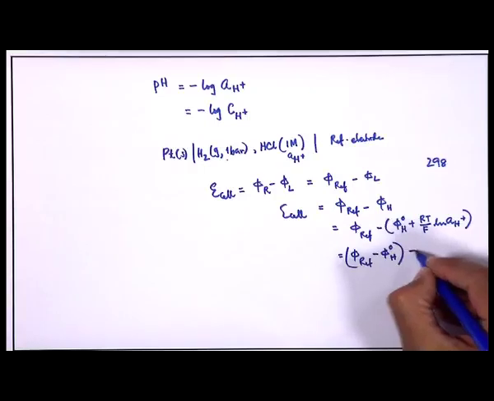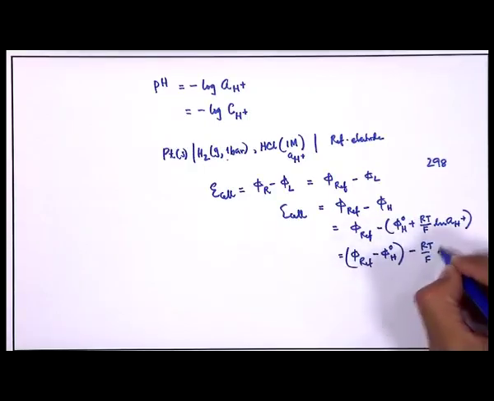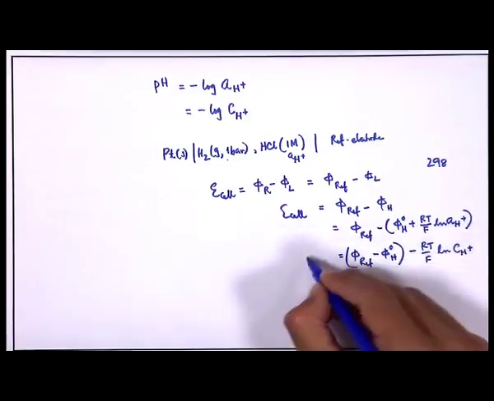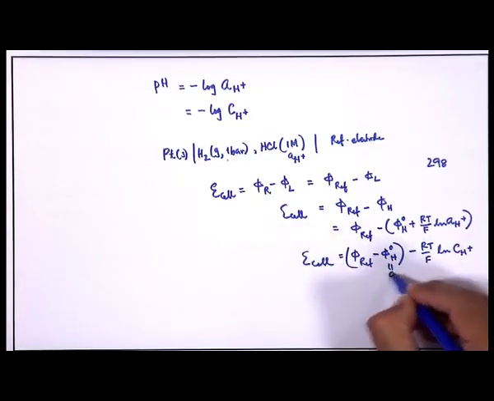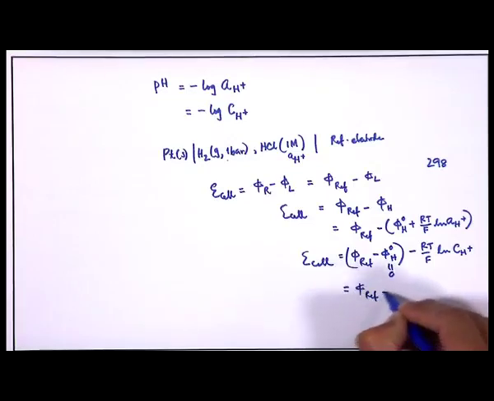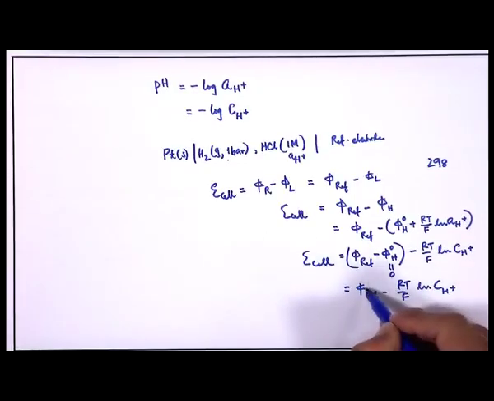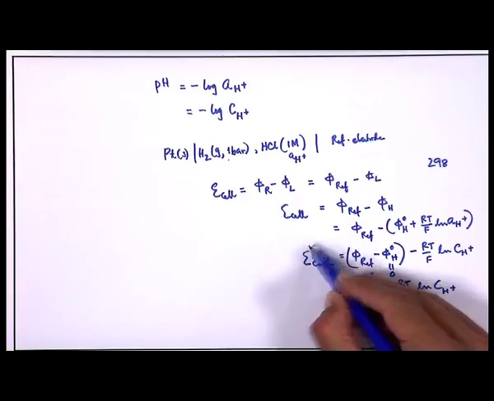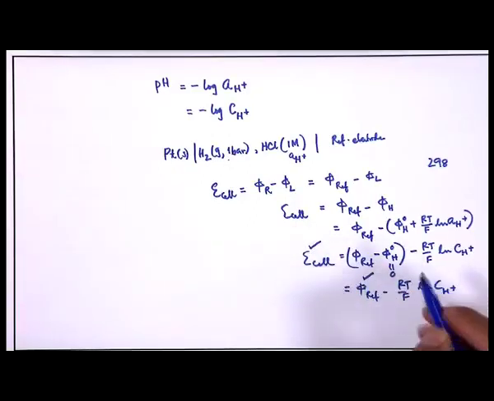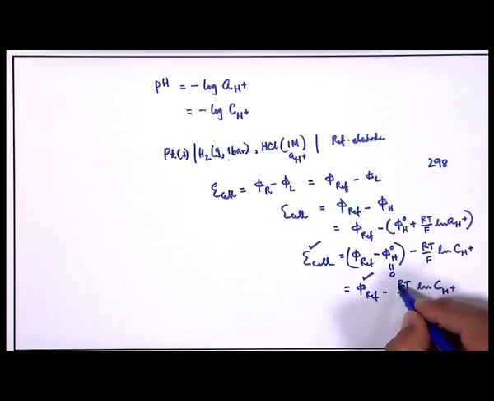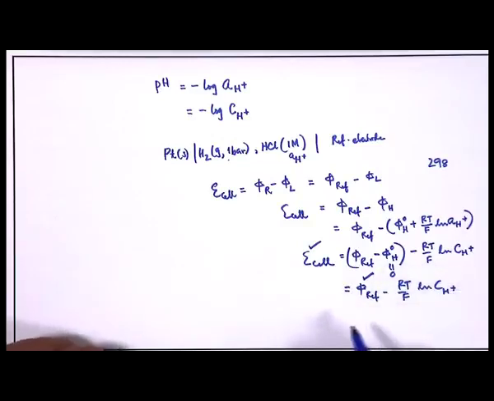Then minus RT by F ln concentration of H plus. So, therefore, E cell, this is 0, so phi reference minus RT by F ln C H plus. This phi reference is known, and E cell will be estimated experimentally. So, plugging in the respective values like the value of R, then temperature, then the Faraday constant, you will be able to find out the concentration of H plus. Once the concentration of H plus is known, then you should be able to find out the pH of the medium.